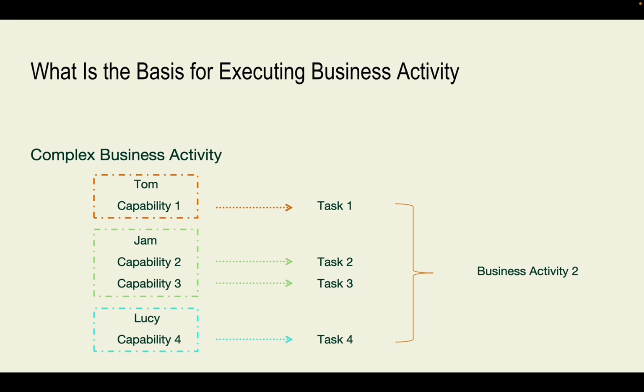Jim has the capabilities for task 2 and 3. And Lucy has the capability to do task 4. Task 1 is completed by Tom, task 2 and 3 by Jim, and task 4 by Lucy. They each play their part and work together to complete the business activity, right?